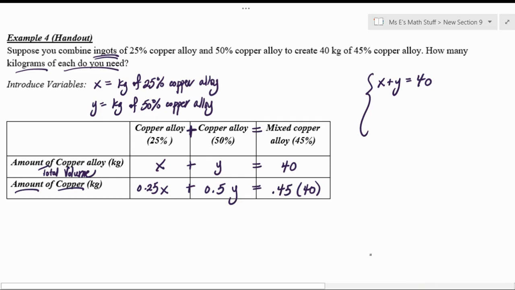The first line is for the alloy altogether, and the second line is for how much copper is in each part.